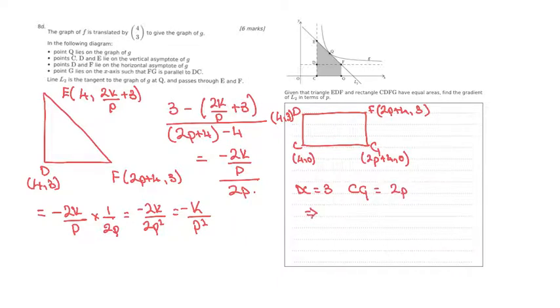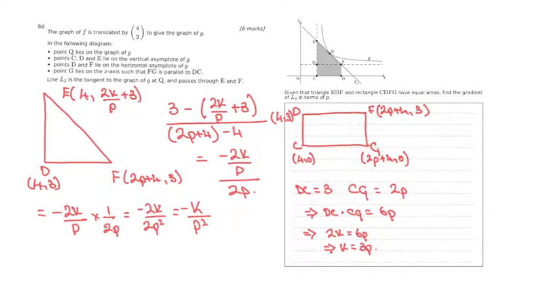Therefore, the area, DC times CG, is equal to 6p. But we know that that area is equal to the area of the triangle. Therefore, 2k is equal to 6p. Therefore, k is equal to 3p.